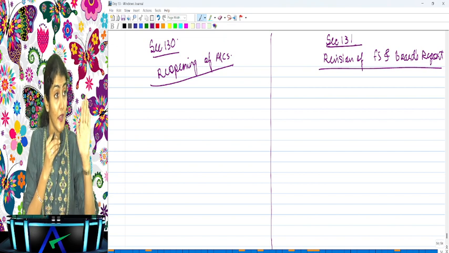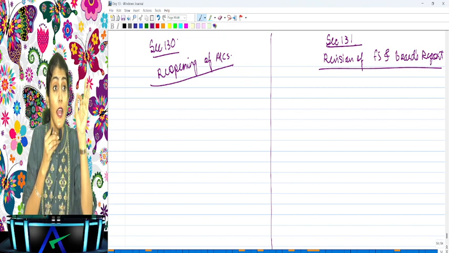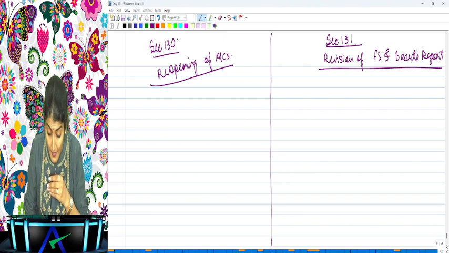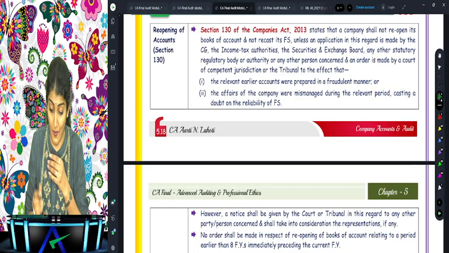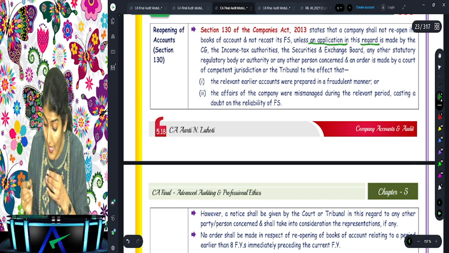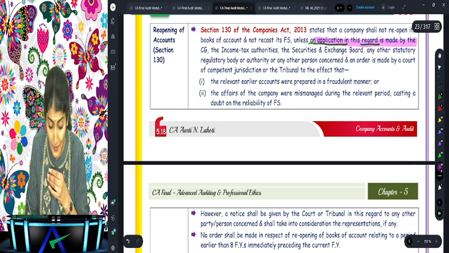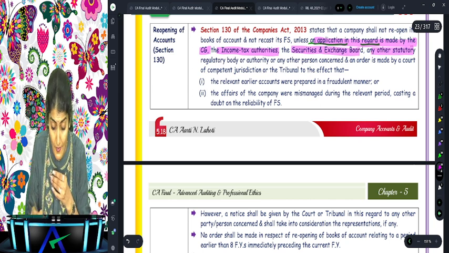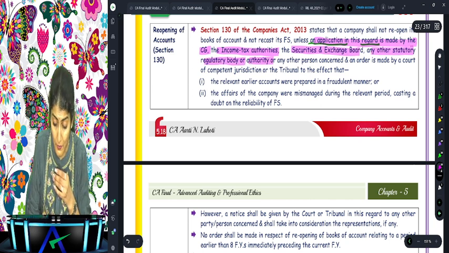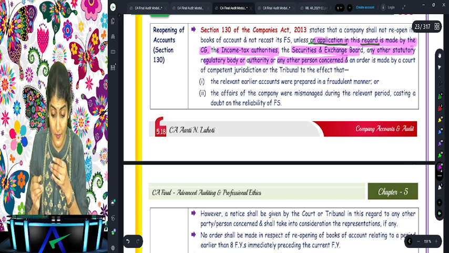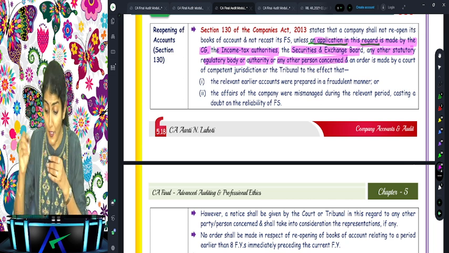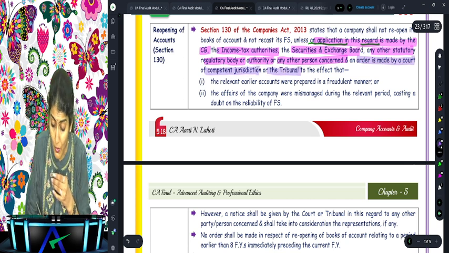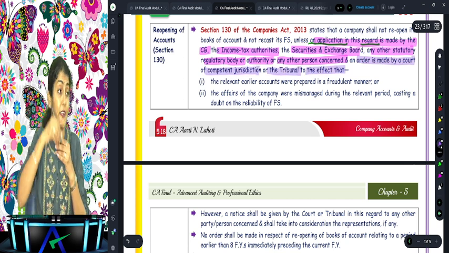No, what does it say? Unless and until an application in this regard has been made by the central government, income tax authority, SEBI, or any other statutory regulatory body or authority, or any other person concerned. That is part 1. And part 2, an order has been made by a court of competent jurisdiction or the tribunal to the effect that.